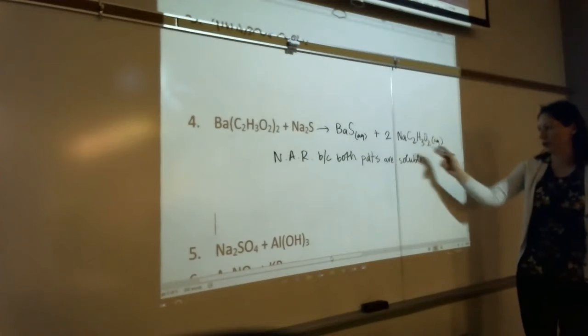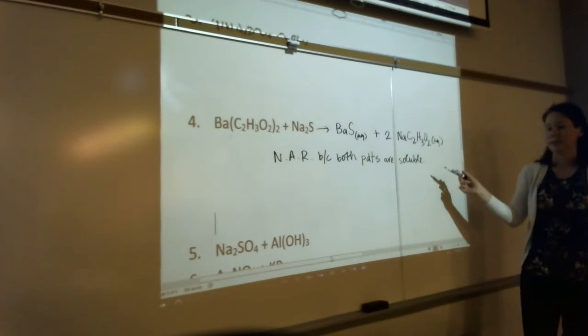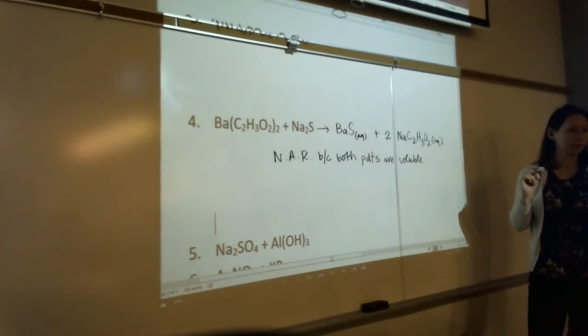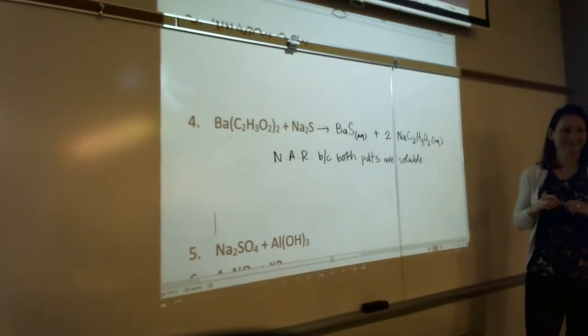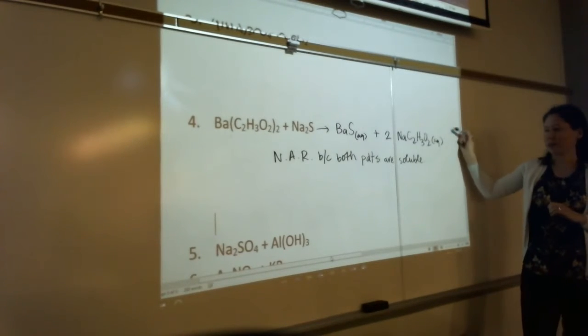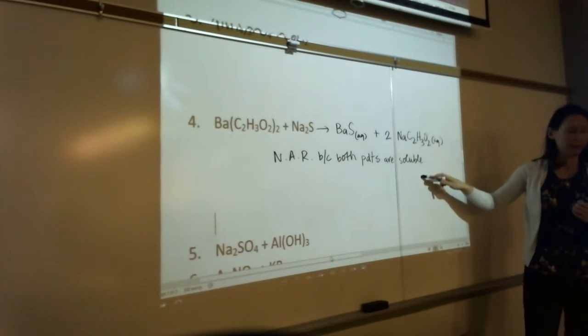On a test, if you wrote the complete molecular equation, make sure you put subscripts and then say NAR because both products are soluble, then you're free to go. So you don't need to work it all out? Nope, unless you just want to. All I need is this and then an explanation. Write the molecular and then tell me why: because both products are soluble.